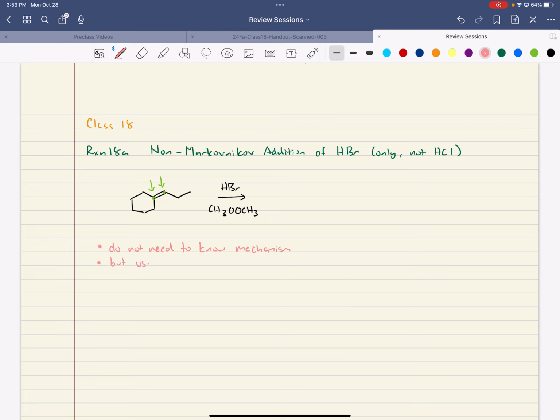It's useful to know bromine adds first to make the more stable radical. Your radicals go in stability from tertiary to secondary to primary. That's super important. So the bromine adds first, that means the hydrogen adds second. The bromine adds first to form a radical.